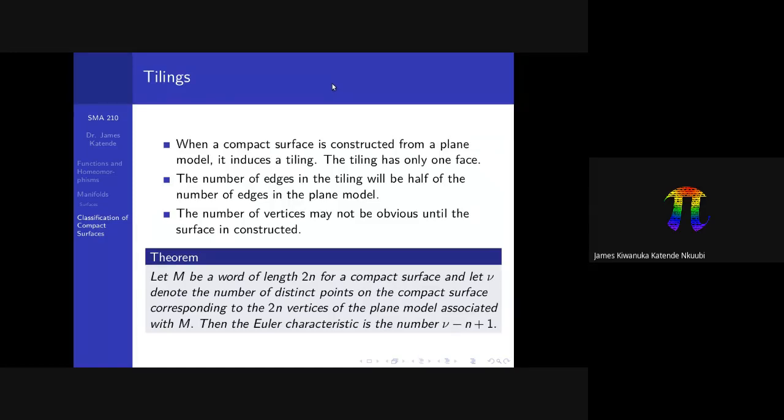So now another point to note: when we have a compact surface, we can construct it from a plane model, and that plane model will usually induce a tiling on the compact surface. Now that tiling that is induced will have exactly one face. The tiling will have only one face.